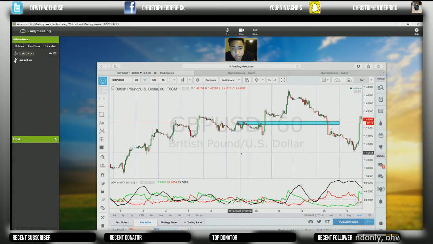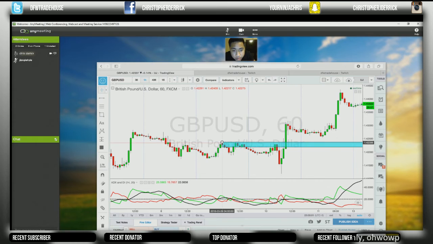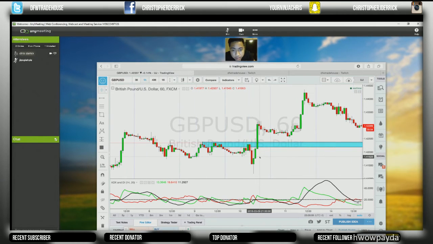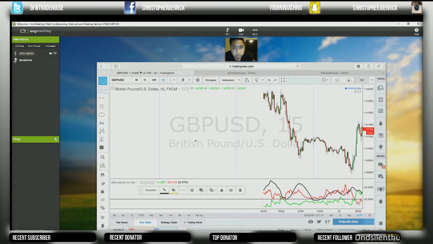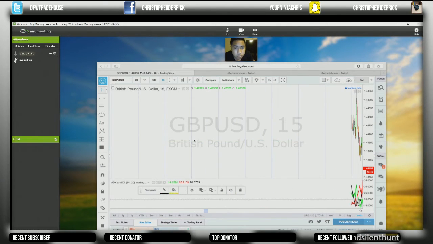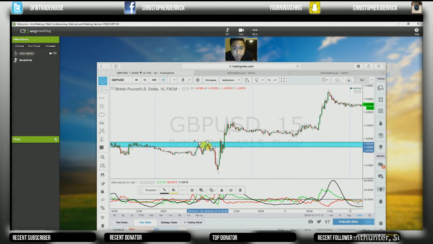The way I drew the zone, previous candle, body of breakout, comes into that zone. Comes into that zone, and from what you can see here, here's a perfect M.